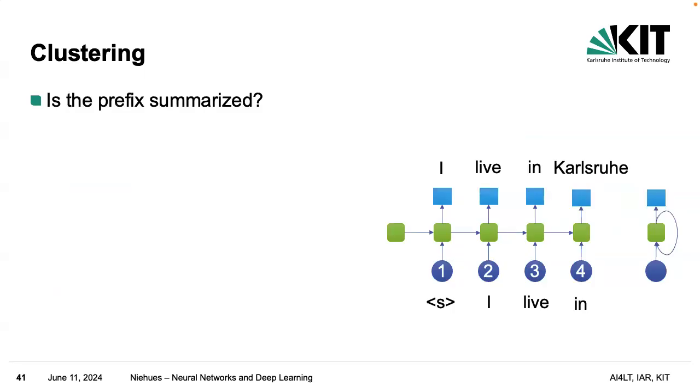Now the probability of Karlsruhe depends on in, on live, and I, and on sentence start. So can we now really calculate the probability of Karlsruhe given the full history? There is no type of clustering or approximation happening, so we can calculate this correctly. Any comments on this or any ideas?